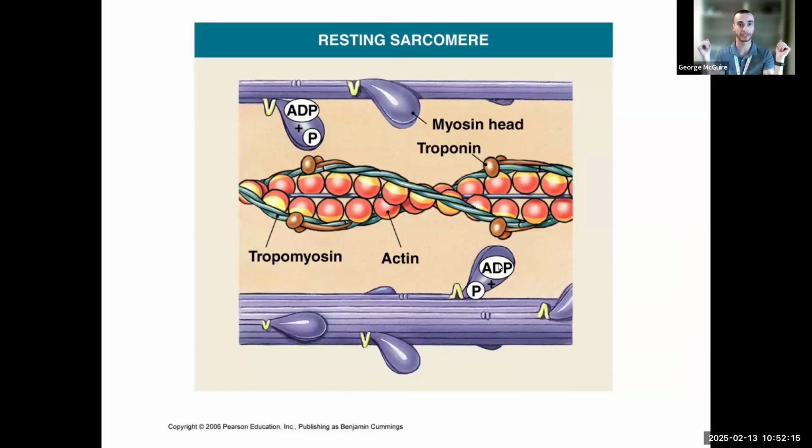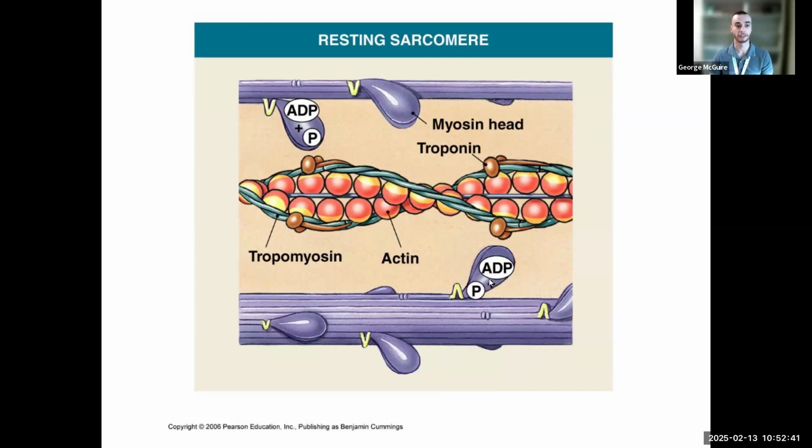Myosin head is in its cocked position, where it is holding on to this hydrolyzed ATP. ATP, as a reminder, has 3 phosphate groups. So if we pull one of those phosphates off, we're left with ADP, which is 2 phosphates. So in order for myosin to be in that cocked position, it essentially had to take an ATP molecule and pull one of those phosphates off, and that puts it into that position.